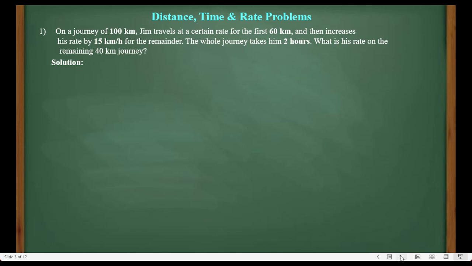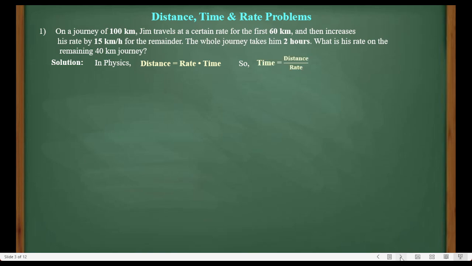For our solution, we will apply the formula that relates distance, rate, and time in physics. According to this science subject, the distance is equivalent to the product of the rate or speed multiplied by the time.